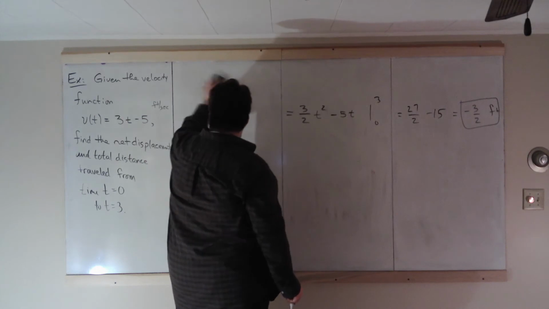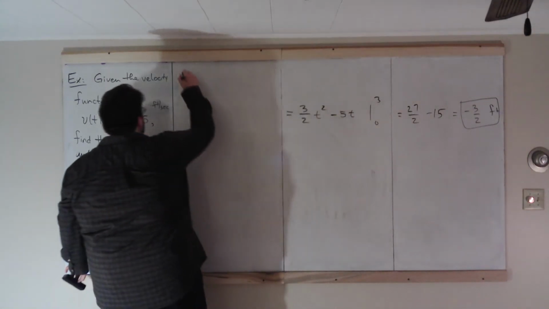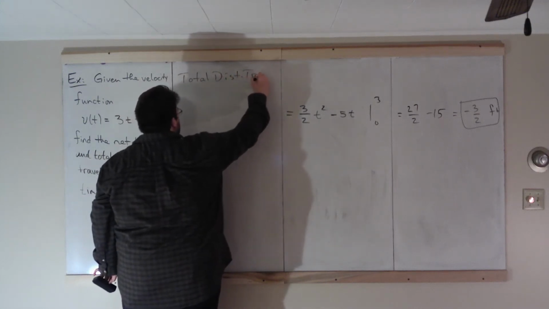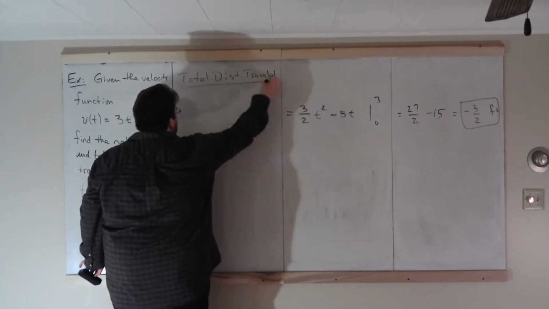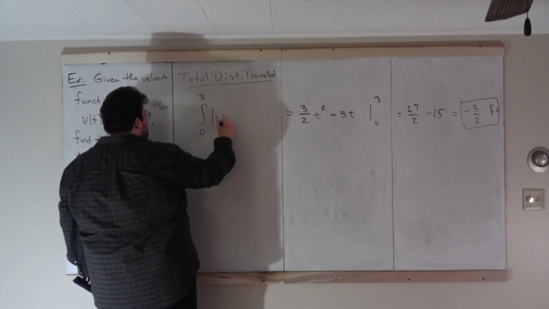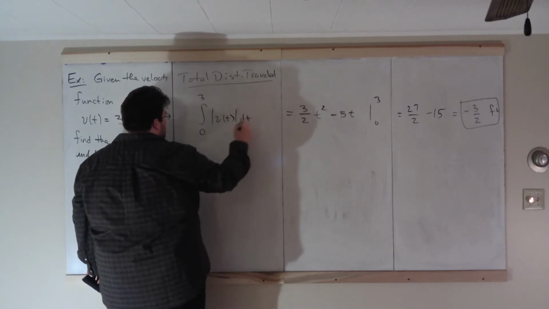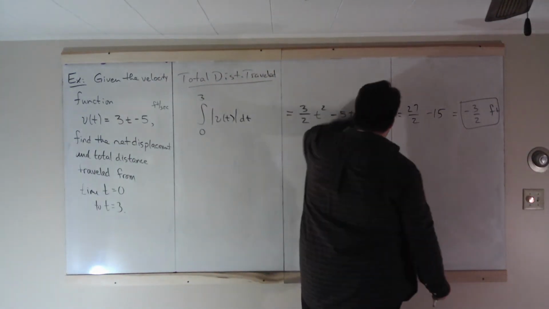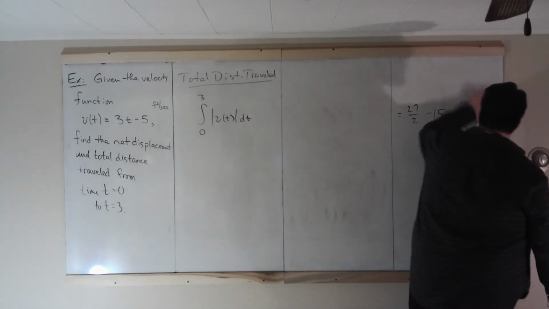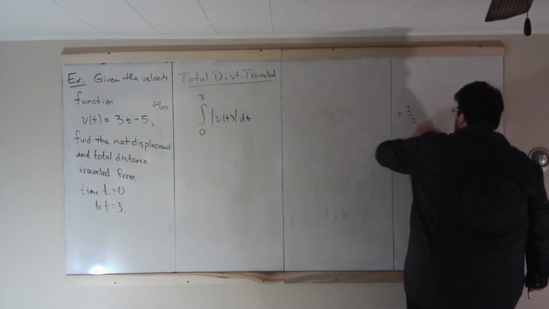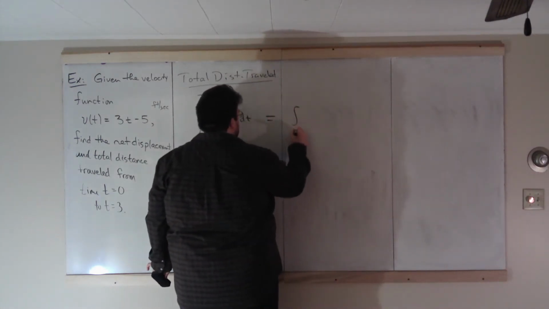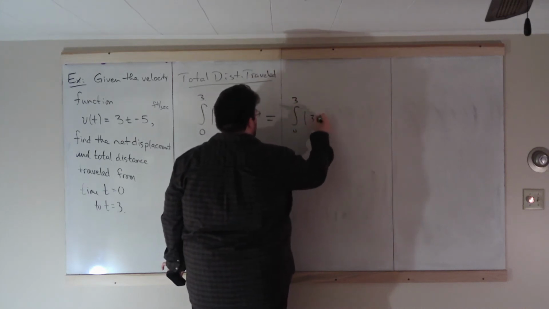Total distance traveled. Well, it's the integral from 0 to 3 of the absolute value of our velocity function. Why is he erasing the first computation? There was a lot of room on the board. What's our velocity function? 3t minus 5.